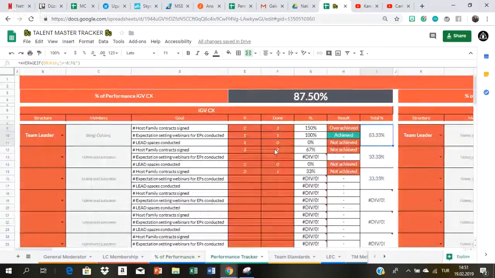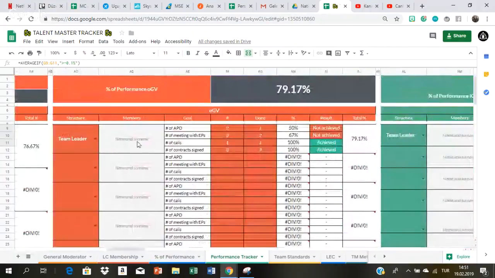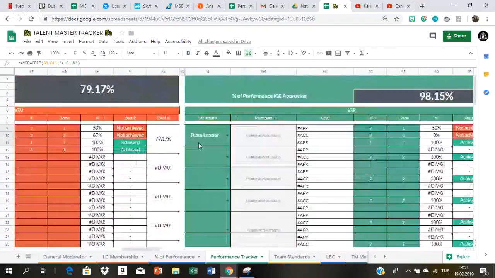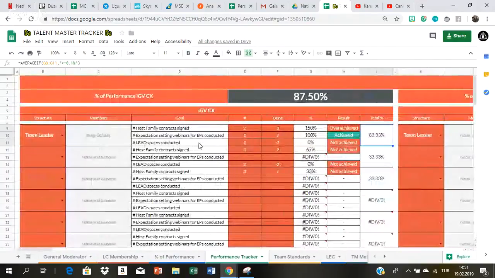Okay, one thing: what can be the possible bottlenecks and problems that you can have? It can happen with some specific functionals, for example, IGVCX. Let's say that of these three KPIs, you are only doing two, and you are not conducting lead spaces for your EPs.